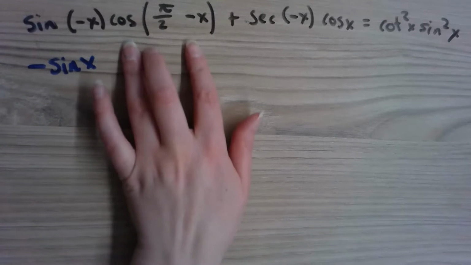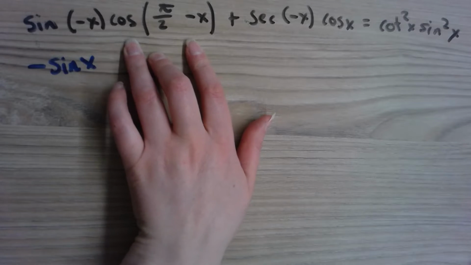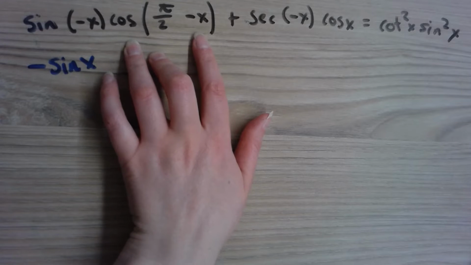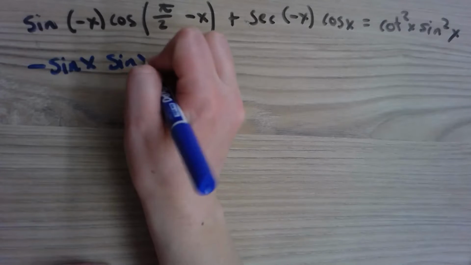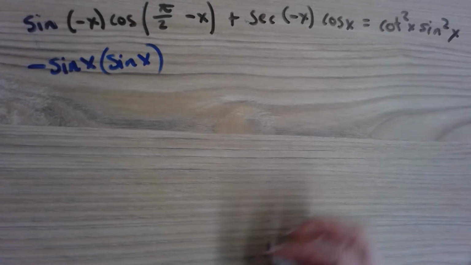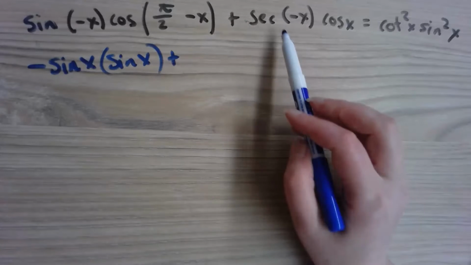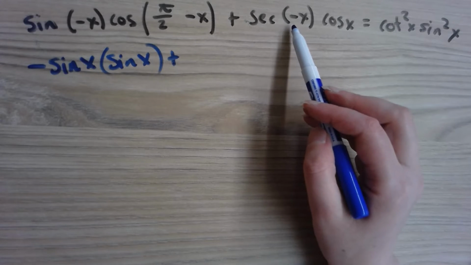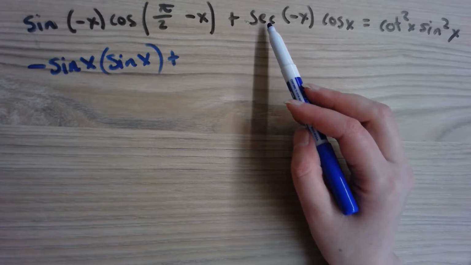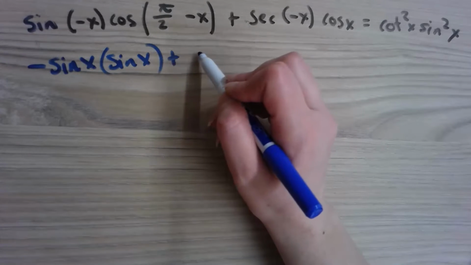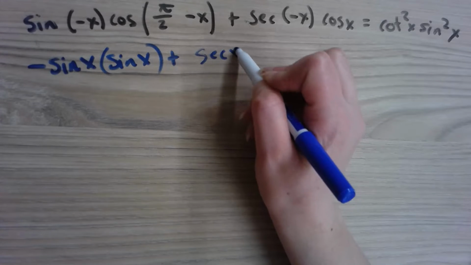Then if we look at our next part, cosine of pi halves minus x, those are my cofunction formulas. We can see that cosine of pi halves minus theta is sine theta. So this becomes sine x, and I'm just going to put parentheses around it, plus secant of negative x. Again, looking at my even and odd formulas, secant of negative x is positive secant x.